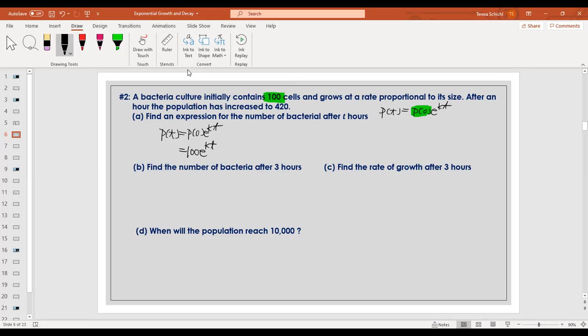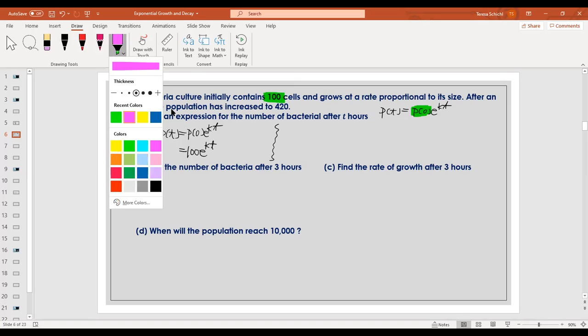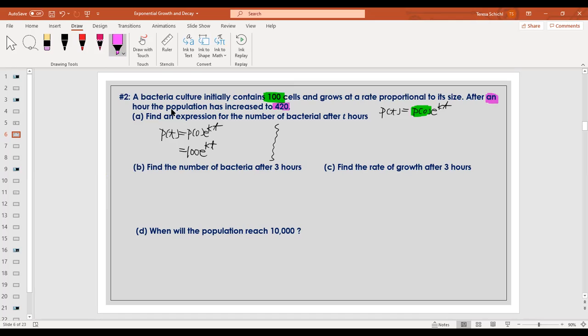So it's 100 e to the kt here. Now part B: find the number of bacteria after 3 hours. I will need to use the information here. It said after 1 hour, the population has increased to 420.